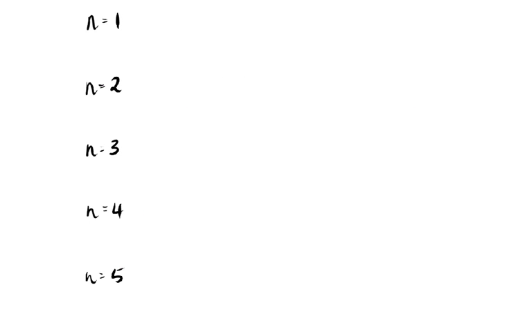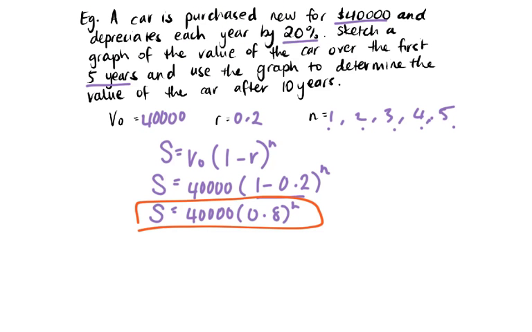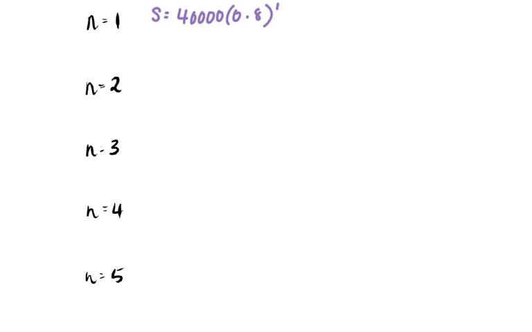So when N equals 1, S equals 40,000 (0.8) to the power of 1. All I've done is use this formula that we came up with here. And if I calculate that, it is 32,000. So my first set of coordinates is 1 and 32,000.